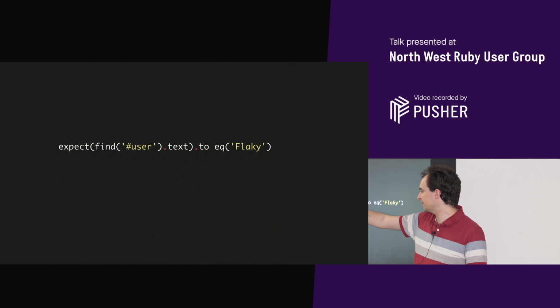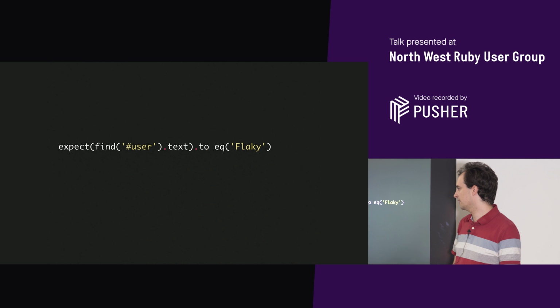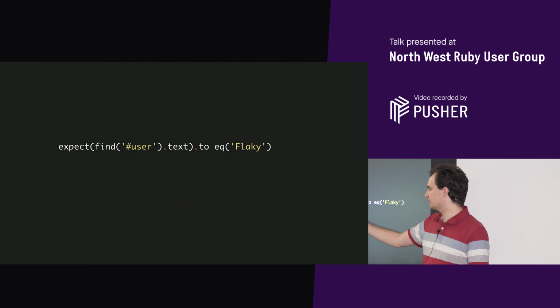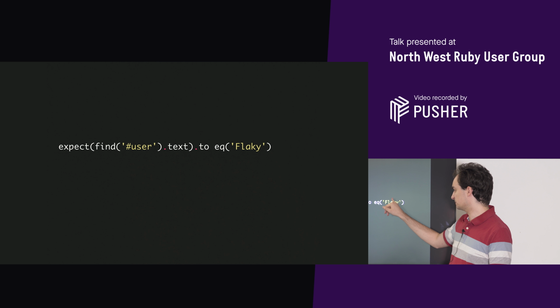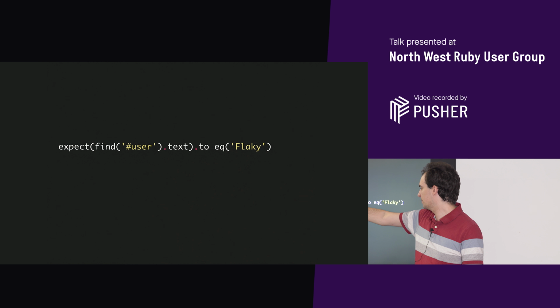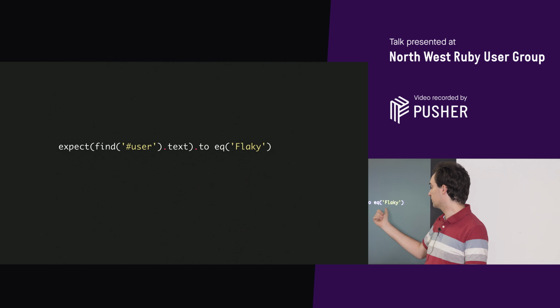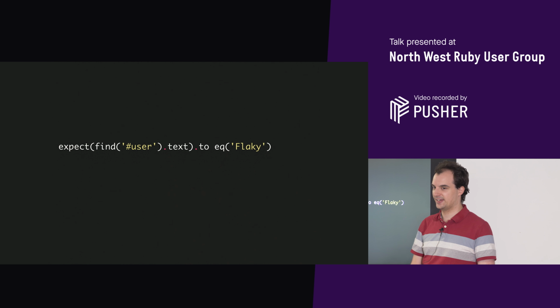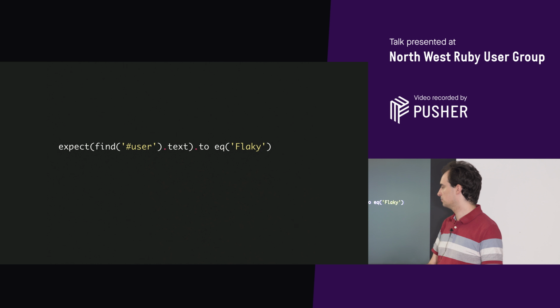Now this method will wait, but in this case, we're actually making kind of 2 assertions here, which is that there is an ID of user somewhere in the page, and that has the text flaky. So the way that this is written, this could succeed, but it might not have the actual text that we want, but Capybara doesn't care, it's found what it wanted, so it's going to return something, and this could be not the text you want.